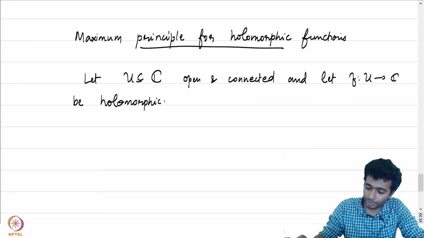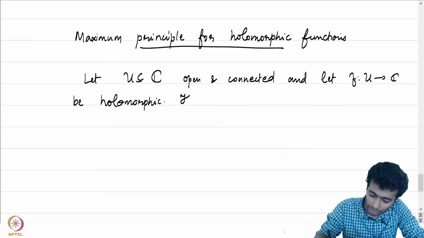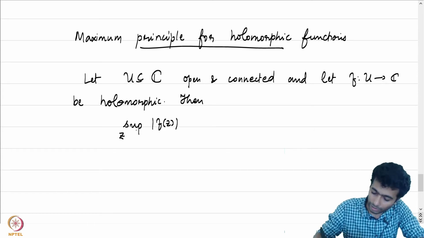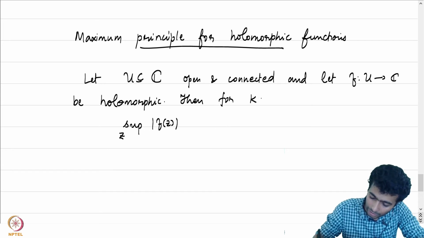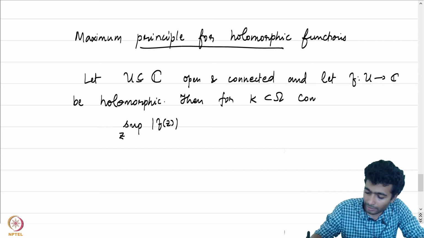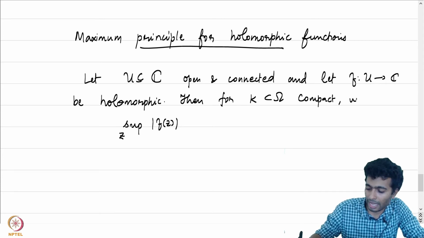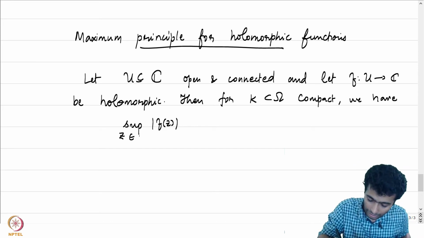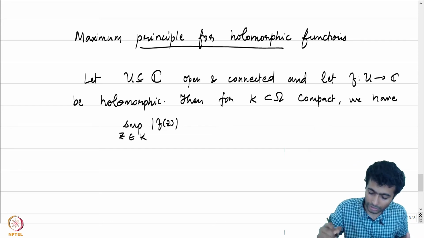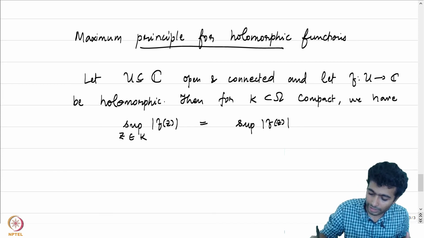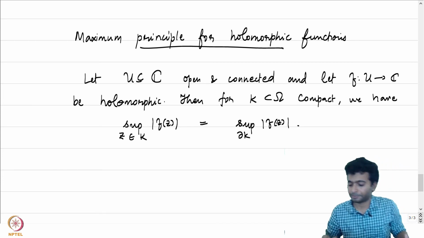So let f from U to C be holomorphic, then for K contained in omega compact, we have the supremum of mod f of z over z in the set K is the same as the supremum of mod f of z on the boundary of K.